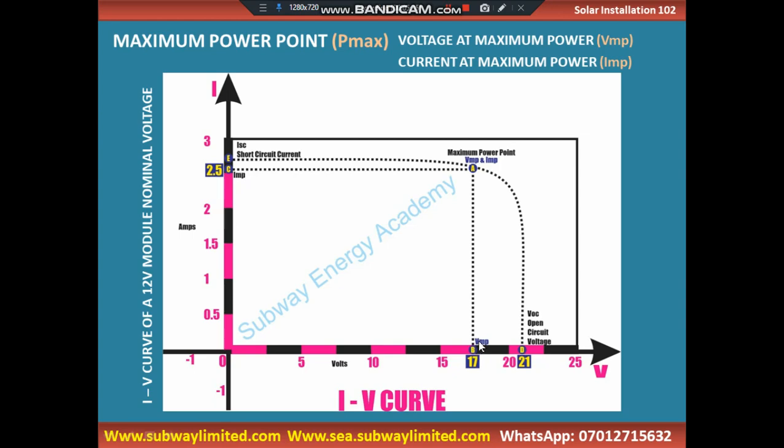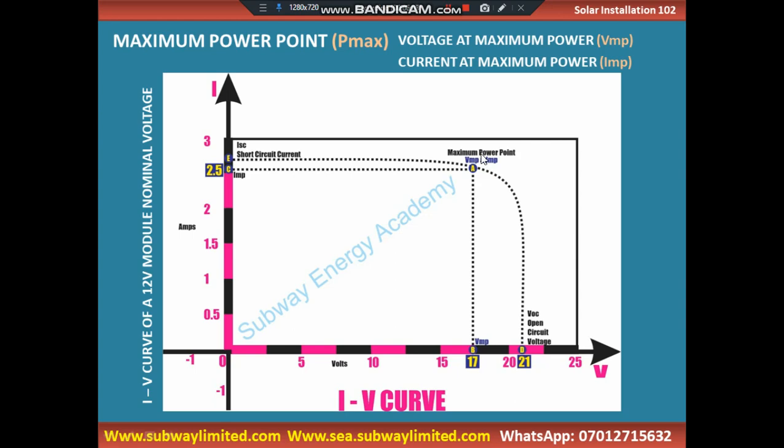The voltage at maximum power, point B, and the current at maximum power, when you multiply those two values, that is when you have your maximum power point, and that is equally the voltage at Pmax, or the current at Pmax. So that is what maximum power means.